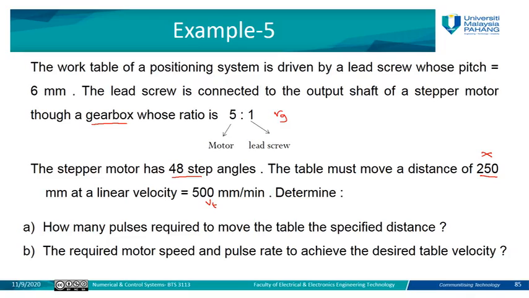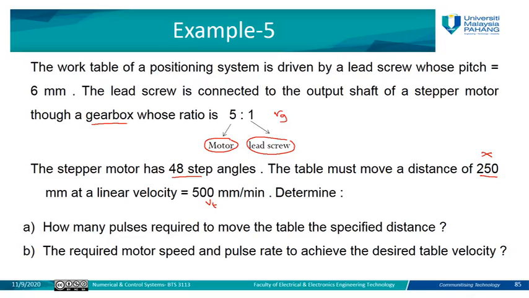Then as you can see here from the gear ratio, the 5 is related to the motor side or the motor speed, and the 1 is for the lead screw. How many pulses are required to move the table the specified distance, which is the 250 millimeter? How many pulses are required as input for the stepper motor in order to move the table up to 250 millimeter?